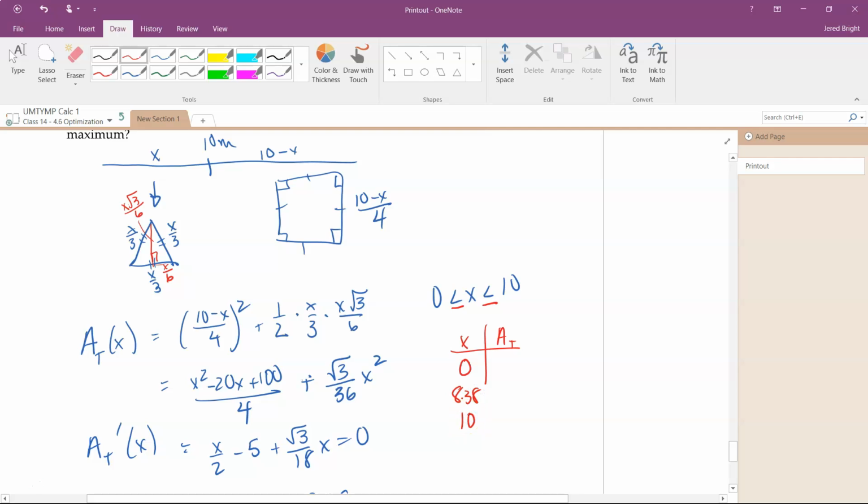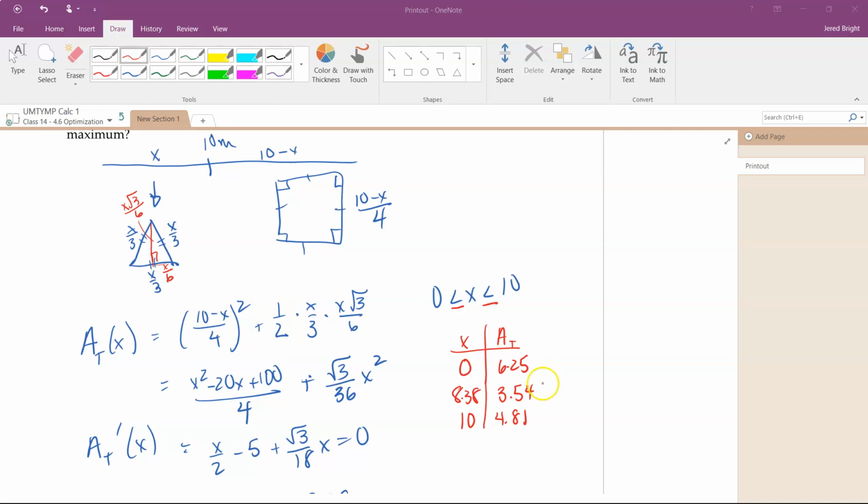Okay. If we did 0, then what do we get? 10 over 4, so 5/2, and square that, so 6.25. Okay, and we can complete the rest of the table too. There's the rest of the table filled out.